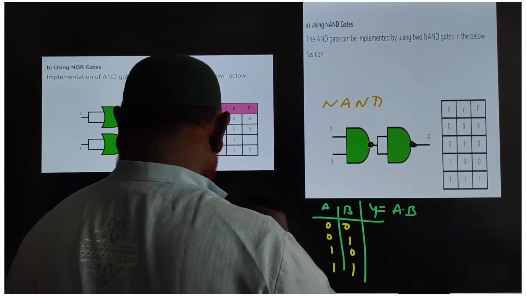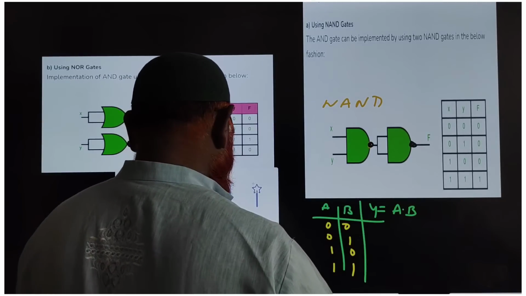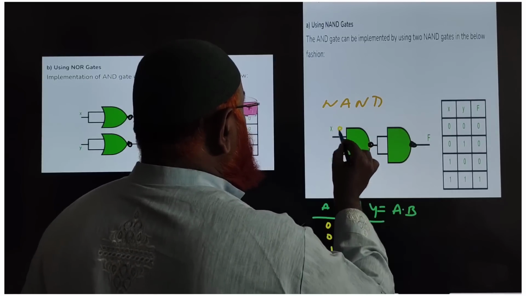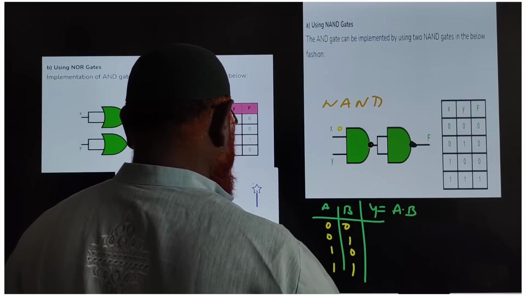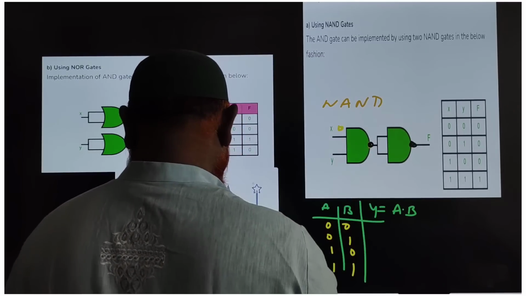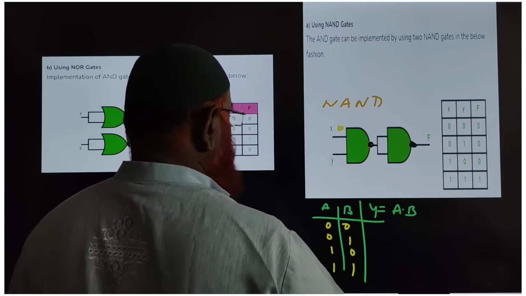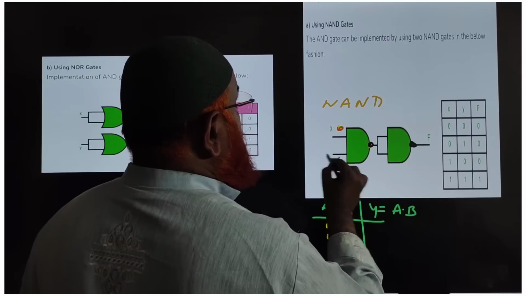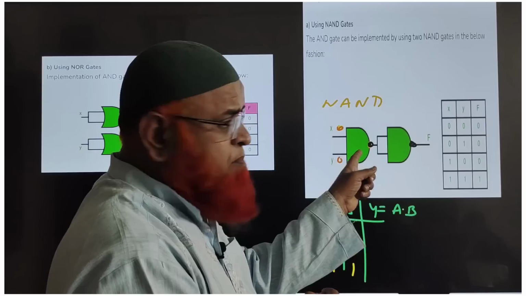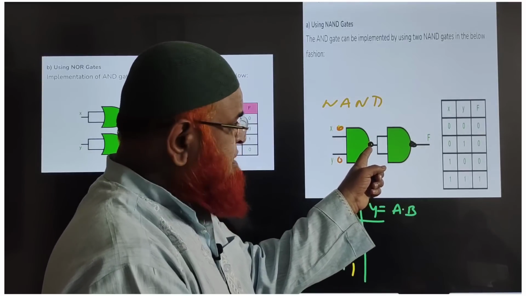So first I will take it as 0, so this is 0 and this is 0. 0 into 0 is 0. Bubble crossed, so 1. And this is a NOT gate.